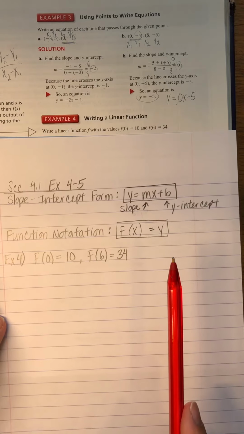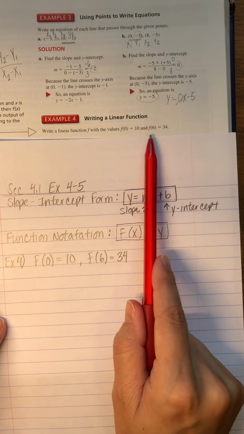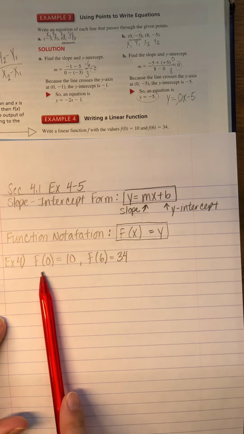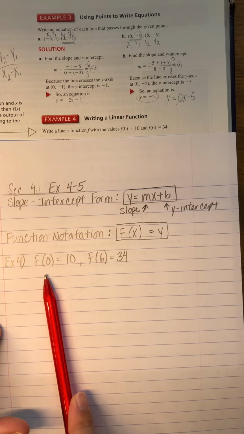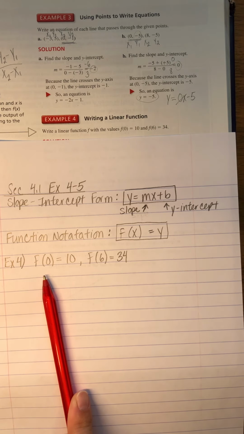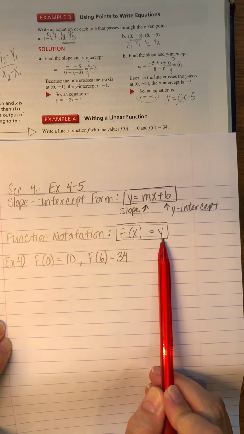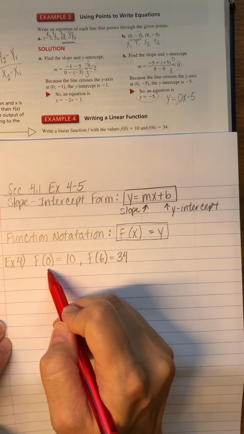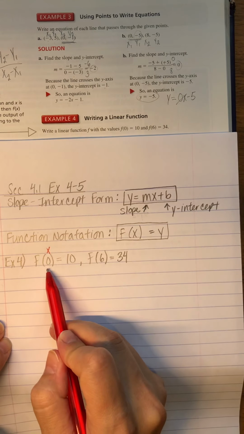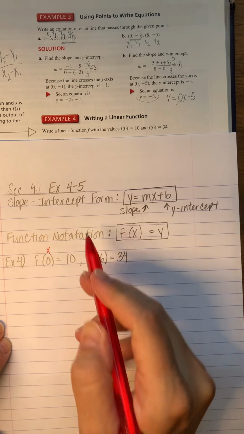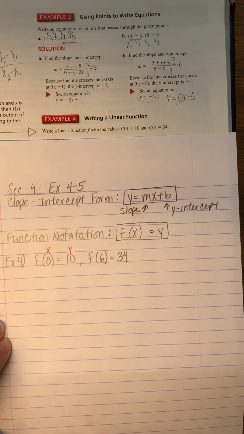So in this example, when they're giving us these two function notations, I copied them down, they're here on my paper. They're really just giving us two ordered pairs. If we have f of x and we know that equals y, that means that in this example, this x would be 0 and this y would be 10.